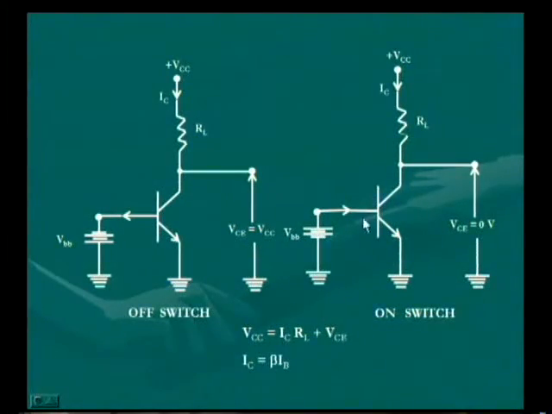So when the transistor is in saturation, the collector current of the circuit is controlled by the load resistor RL, because the collector to emitter junction of the transistor acts as a short circuit, as its resistance across this junction is 0. So with this, the drop across this collector to emitter junction is equal to 0. So for an on switch, the transistor output VC is equal to 0.